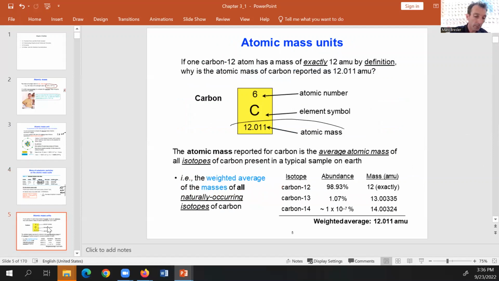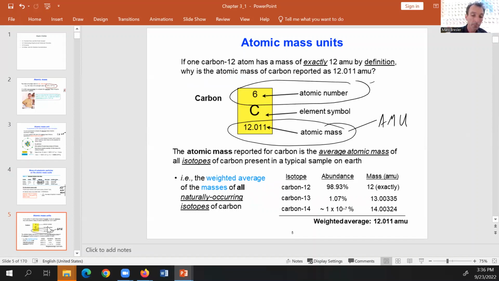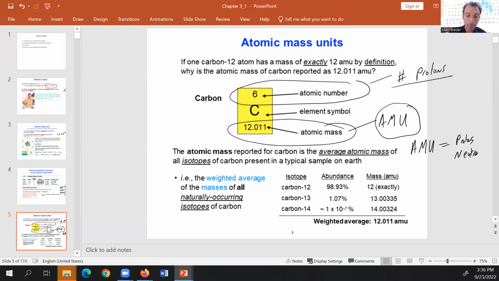So the atomic mass number is what tells you the mass of the element, and that's in atomic mass units. The atomic number tells you the number of protons. So you're able to determine the number of neutrons with the atomic mass unit, because the atomic mass unit has protons and neutrons.